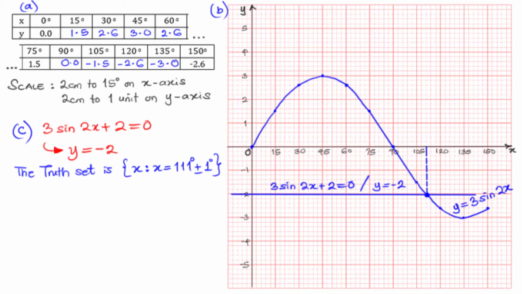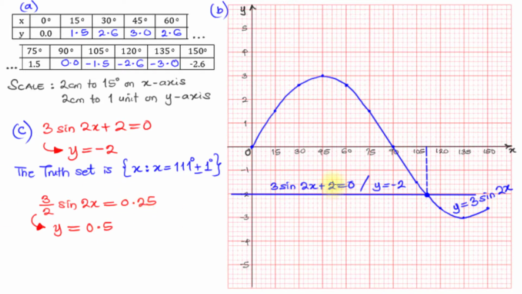But that's not all. In the second case, we're told that 3 over 2 sine 2x is equal to 0.25. Okay, and for that, we're able to get the expression of y to be y is equal to 0.5.